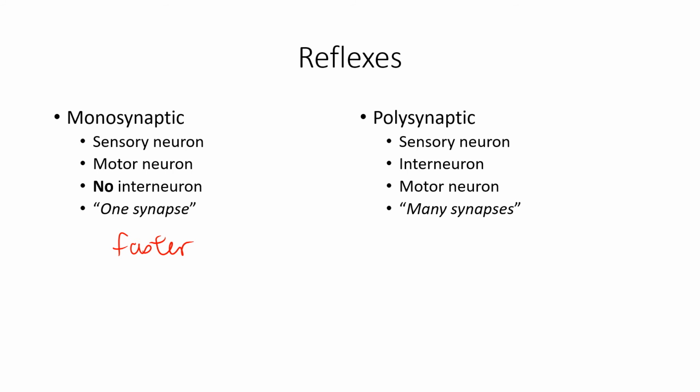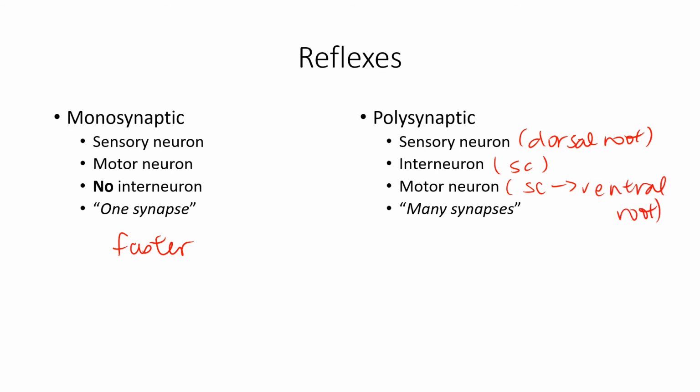Poly means many, so this particular type of reflex is a pathway between a sensory neuron coming into the spinal cord. Of course, that's dorsal root, right? There's the interneuron that's within the spinal cord, and the motor neuron, which originates in the spinal cord and travels out that ventral root.